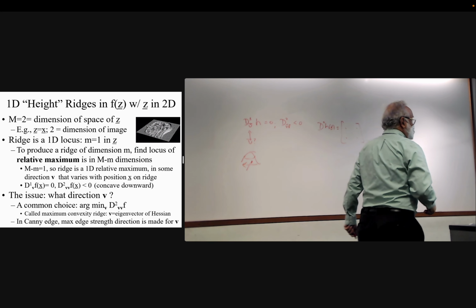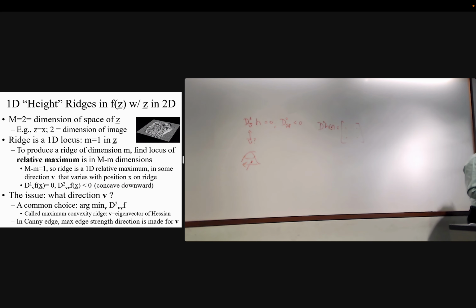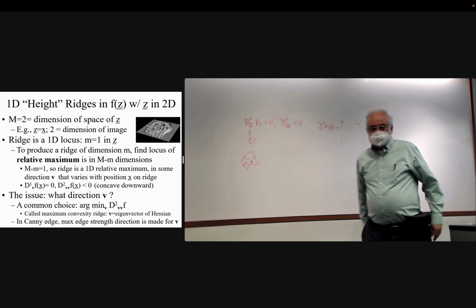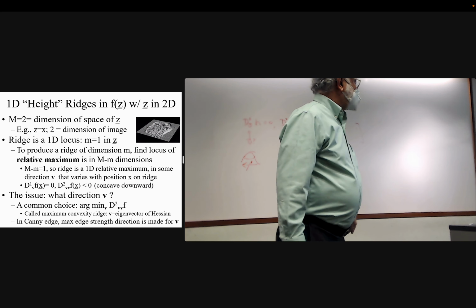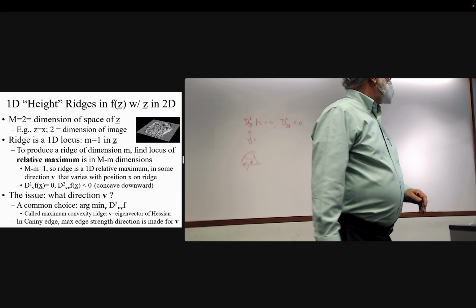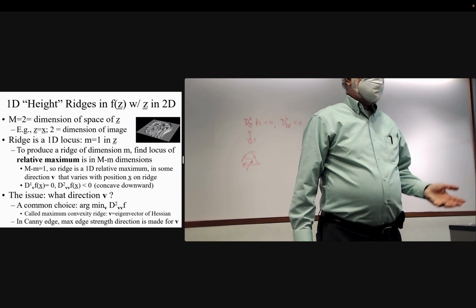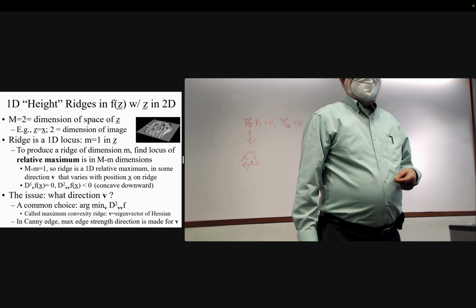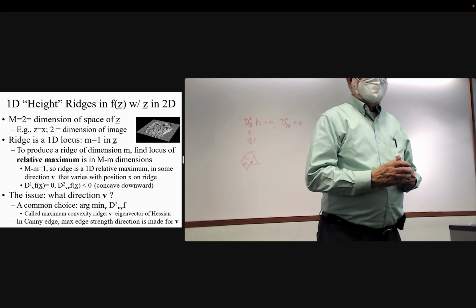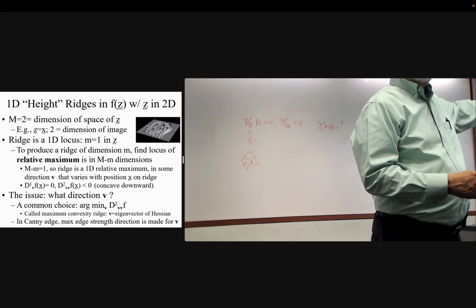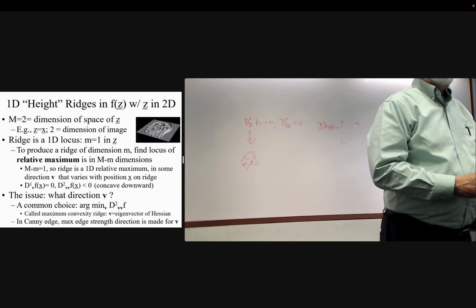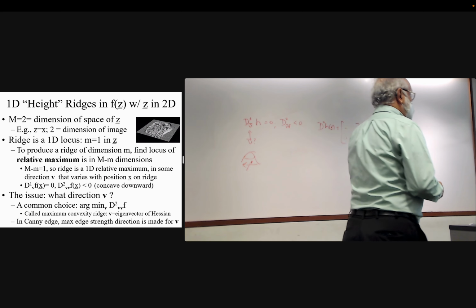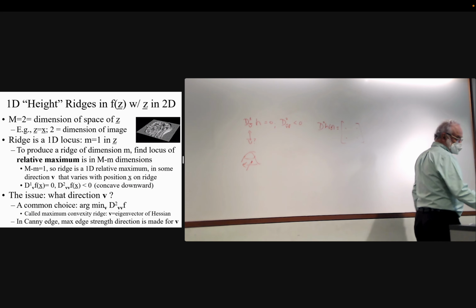Okay. We'll be talking about a common edge algorithm due to John Canny, called the Canny Edge. And then we'll see that instead of using the maximum convexity choice for V, there's another possibility, the one that Canny chose for V. It turns out it's the maximum edge strength direction.